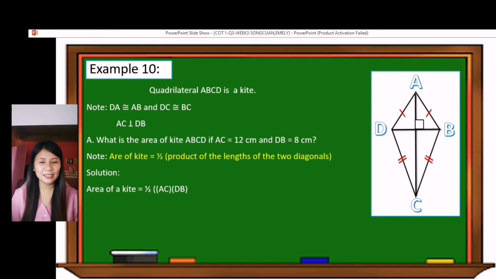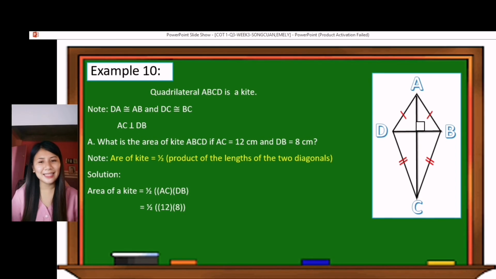Area of the kite is equal to 1/2 of the two diagonals, which is diagonal AC and diagonal DB. So we're going to substitute the values: diagonal AC is equal to 12 and diagonal DB is equal to 8.